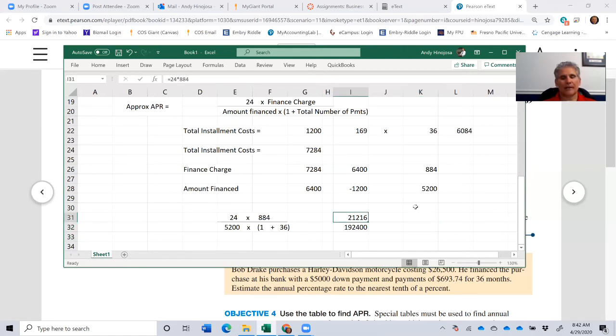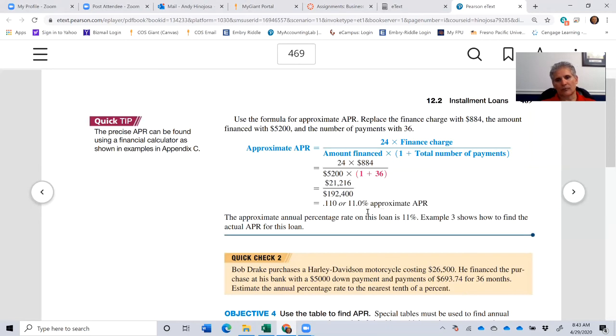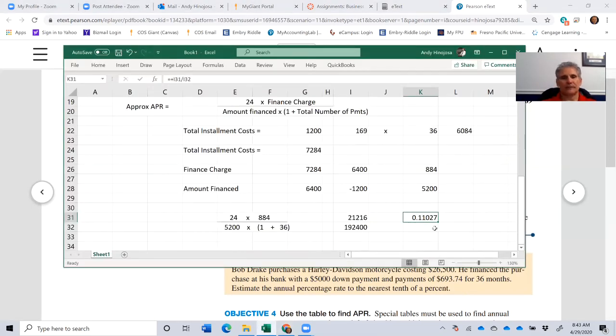All right, so we have the numerator and the denominator. And then we just do the math, 21,216 divided by 19,400. And I got 0.11027. Rounded to the nearest percentage, that's going to be 11%.